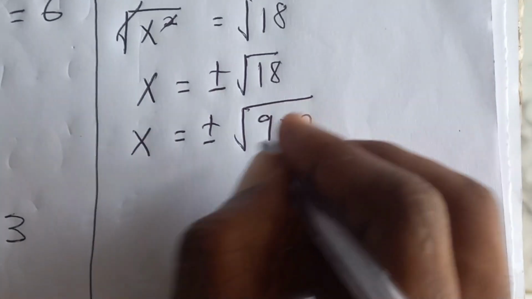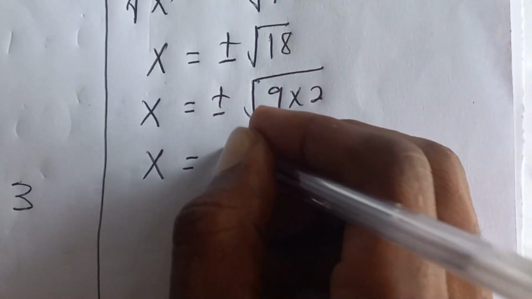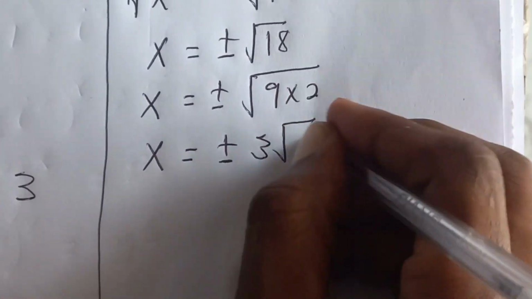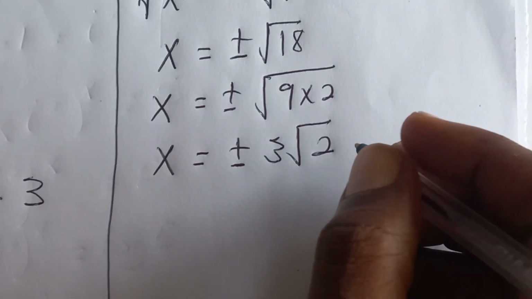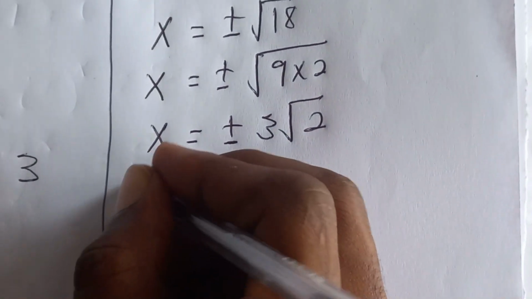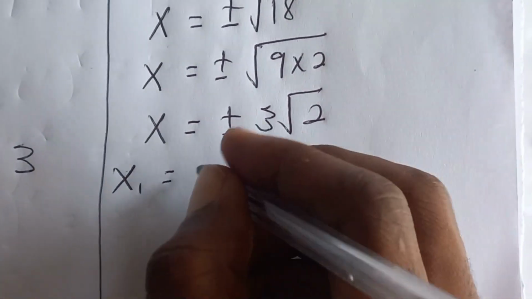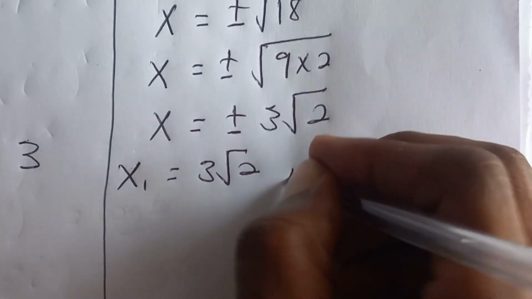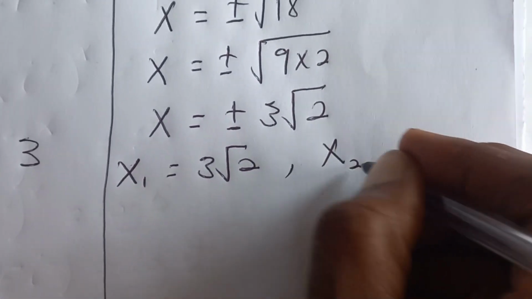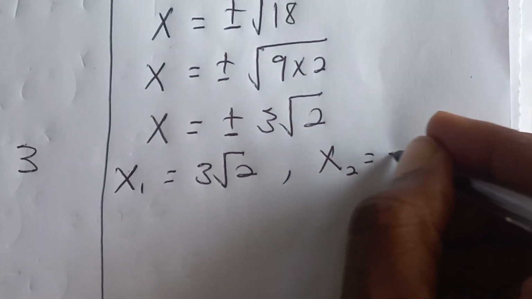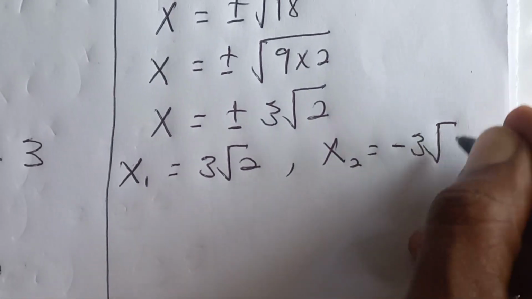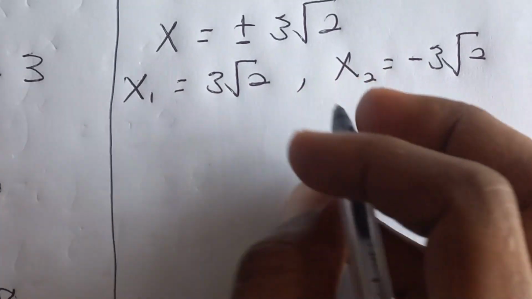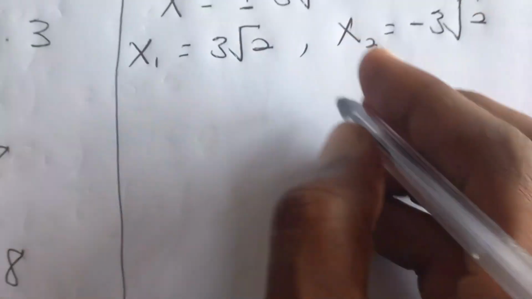So x is equal to plus or minus 3 root of 2. So in this case, we get x1 is equal to 3 root 2, then our x2 is equal to negative 3 root 2. Now let's check which of these satisfy the equation.